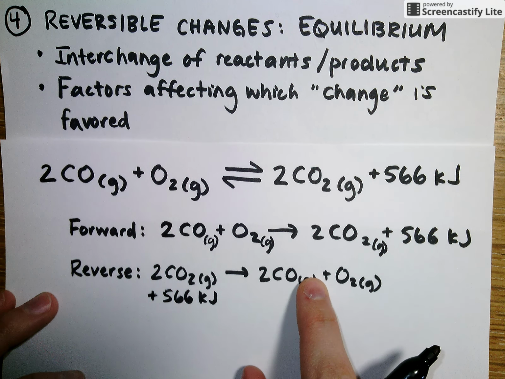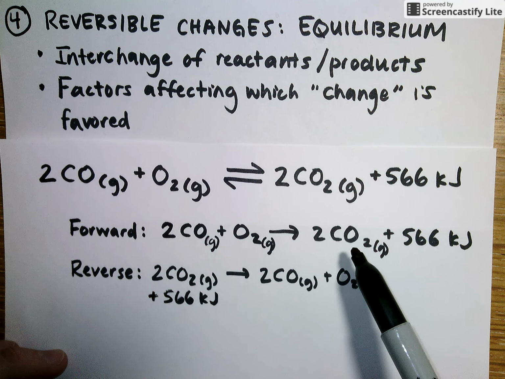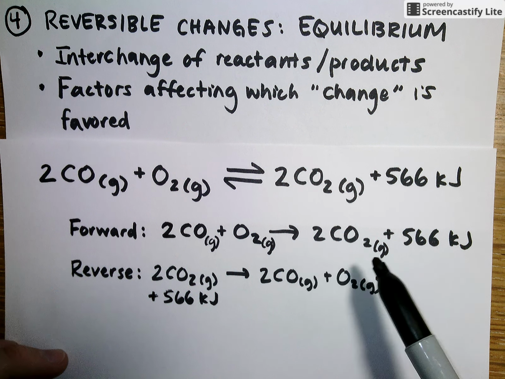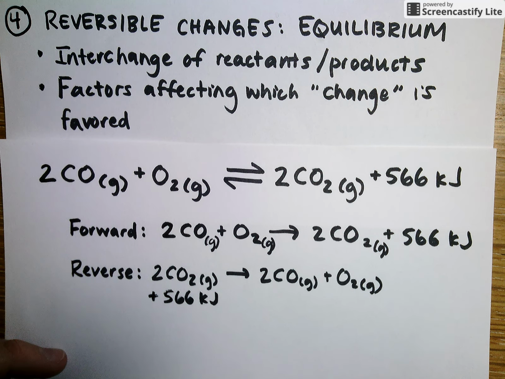What that means from our perspective is that we see no real change when we look at the tube or beaker that this reaction is taking place in. We don't see a change in the concentration of CO2 because as soon as we produce new stuff, it's getting used up. So we see no change in the concentration of either the reactants or the products. And that's the key giveaway that you're in a state of dynamic equilibrium.